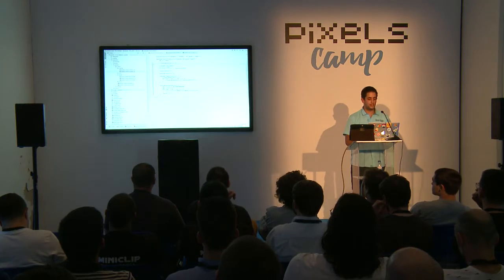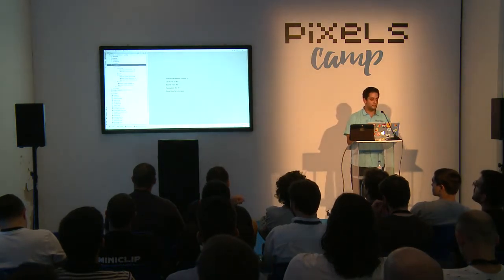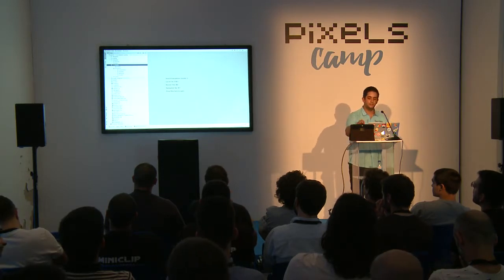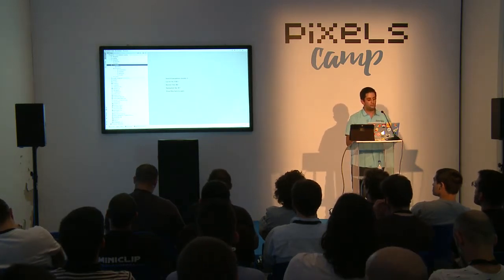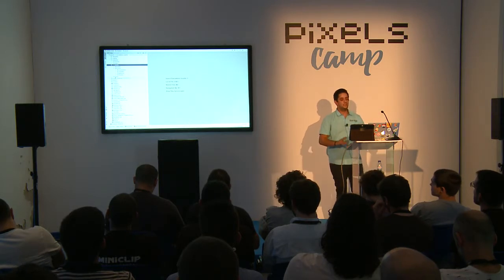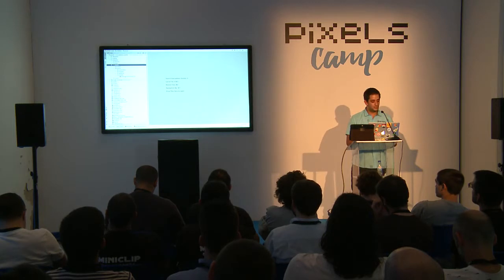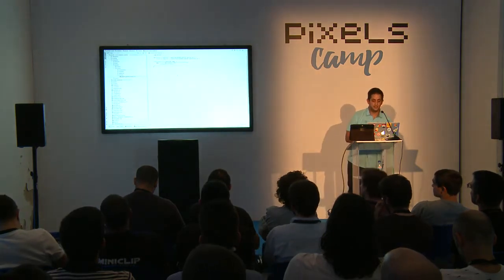So let's see what the backend looks like. Let's close the pixels directory and open the server. The server has four folders: routes, policies, models, and controllers. We start with the routes.